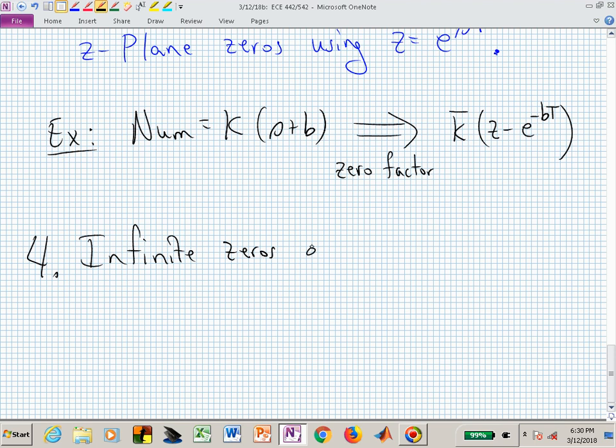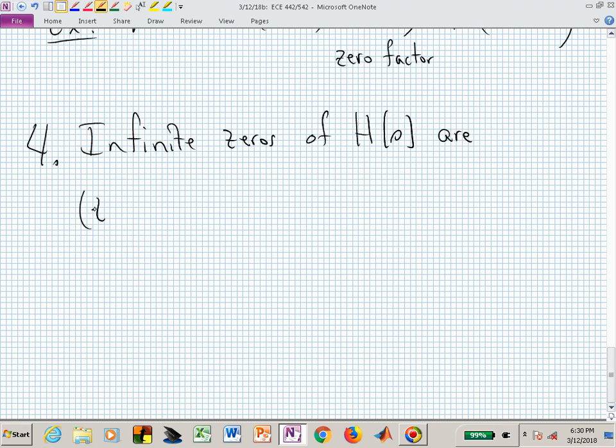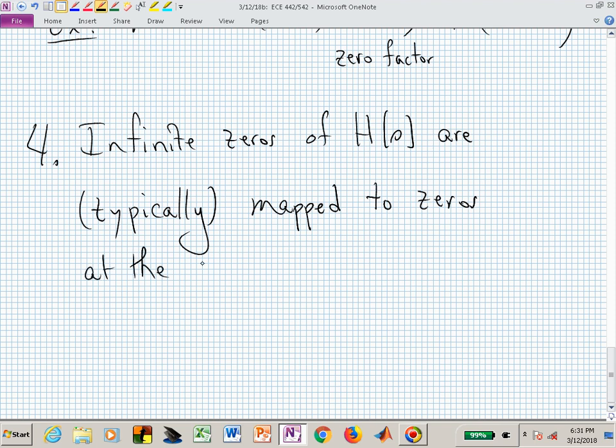The infinite zeros of H(s) are, and let me put in parentheses, typically, for the original version of this presentation, typically mapped to zeros at the point z equal to minus 1.